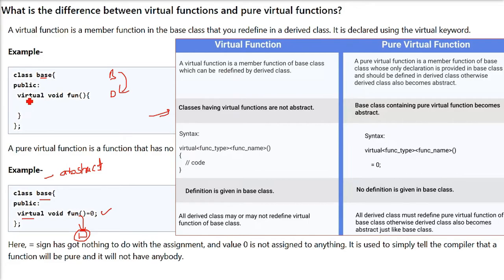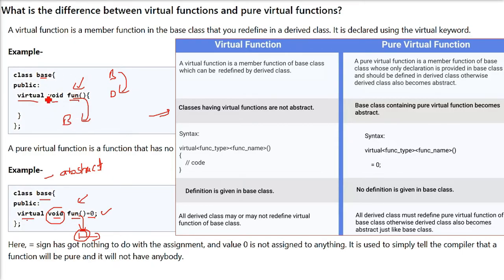So how do you write it? In virtual, we write virtual and then the function type and then the function name. And for a pure virtual function, you have to put equal to 0. This is the code. Definition is given in the base class for a virtual function, and for a pure virtual function, no definition is given in the base class. No definition at all. Now, for a virtual function, a derived class may or may not redefine the base class function.